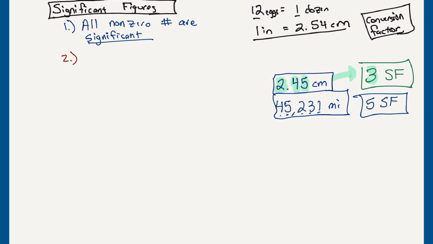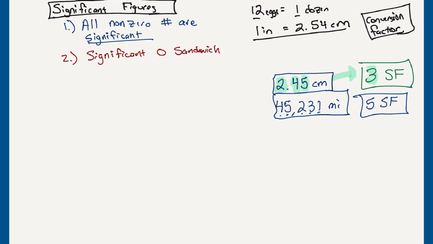And so what I like to call this rule number 2 is the significant zero sandwich rule. And what that means is any zero that's sandwiched in between 2 other significant numbers is also significant.